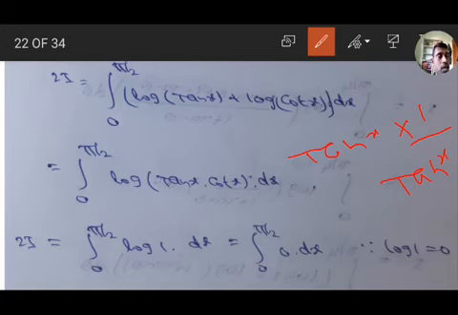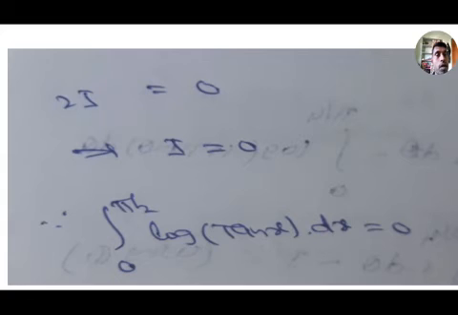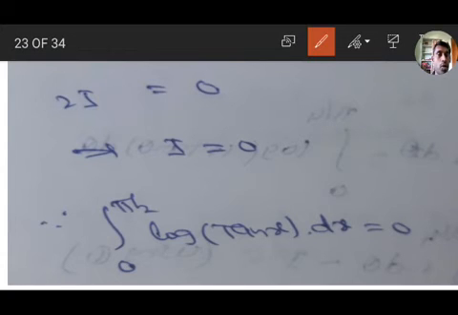This tan x is cancelled. We get 1, so log of 1. So 2I equals the integral from 0 to pi by 2 of log 1 dx. Log 1 is 0. So the integral from 0 to pi by 2 of 0 into dx, and the integral of 0 is 0. So 2I equals 0, which means I equals 0.